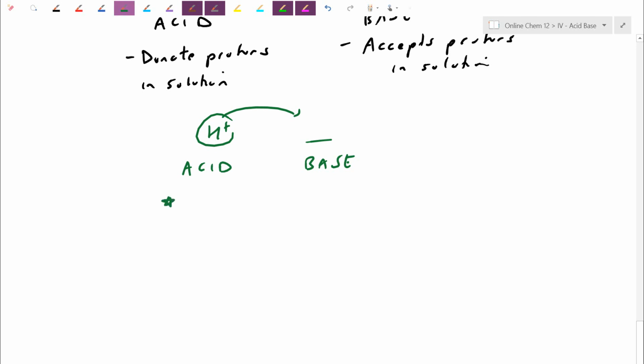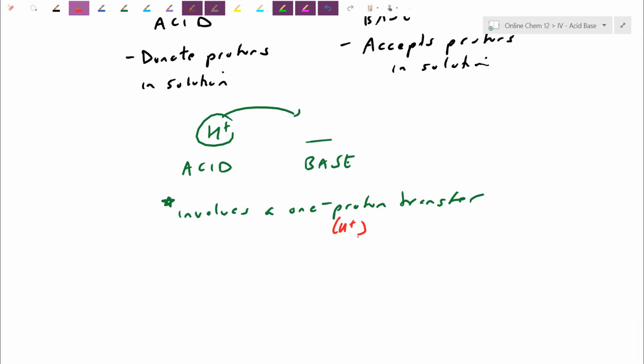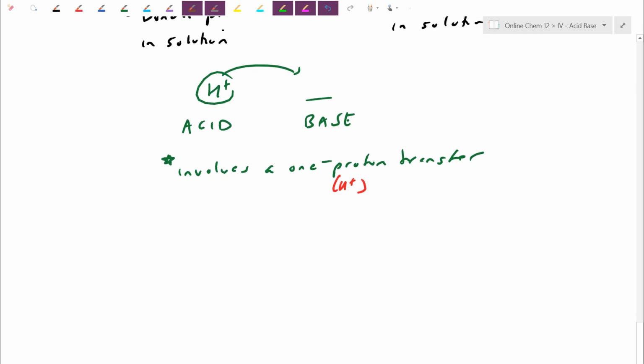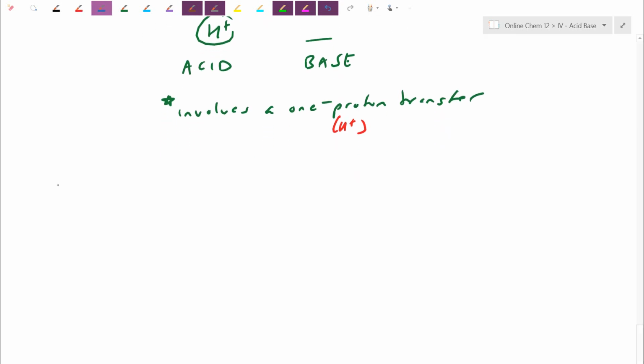Essentially an acid-base reaction involves a one proton transfer. So proton is going to be synonymous with the H+. Basically, the football gets passed around. Even though my acid may start off with multiple protons here, we always only study one proton at a time. All right? So let's just try out another example here.